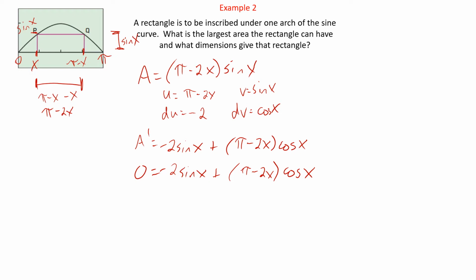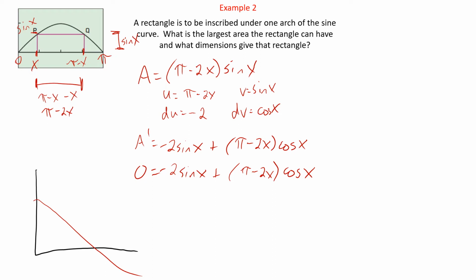This is going to be a tough one to try and manage by hand. So let's take another option here. Let's graph that and see where it might cross. You would graph this using technology. When you graph it, you get something that looks kind of like that.